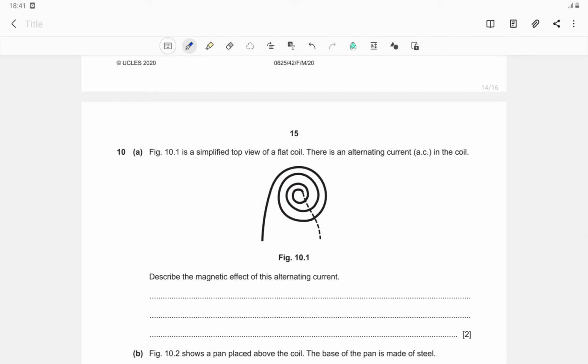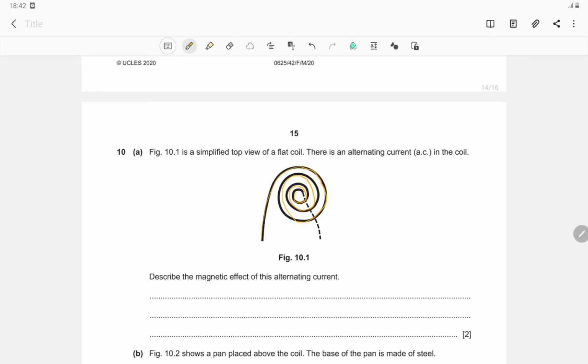Figure 10.1 is a simplified top view of a flat coil. There is an alternating current AC in the coil. Describe the magnetic effect of this alternating current. So here the main function is, whenever there is a current flowing in the coil, it will become a magnet and it's called an electromagnet.